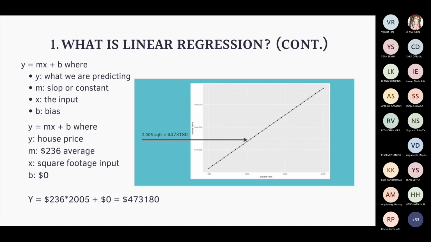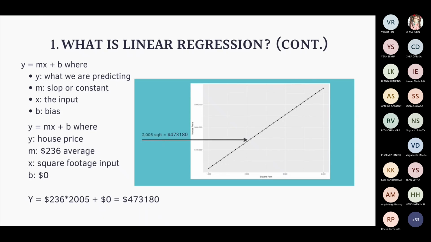So we have y equal mx plus b, where y is the housing price, m is equal to 236 on average, x is the square footage that we have to input, and b here is 0 because there's no bias in here.